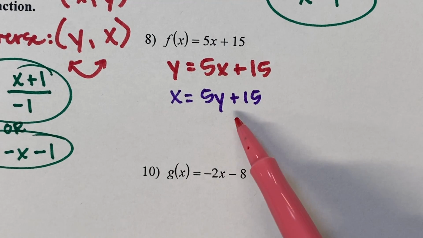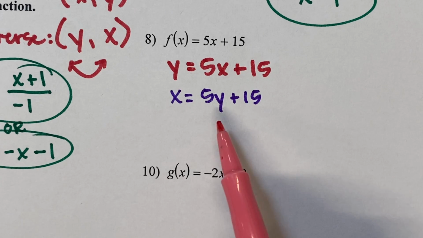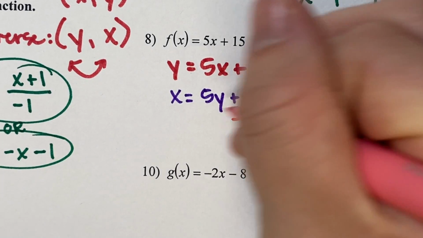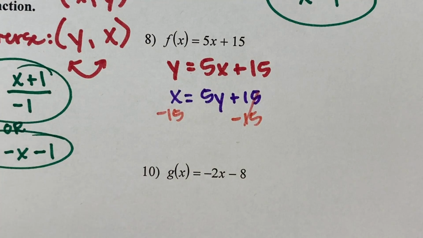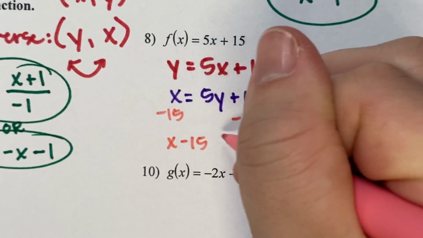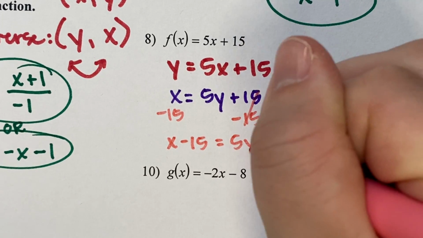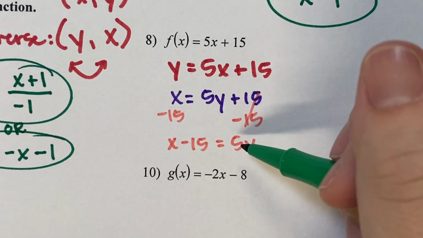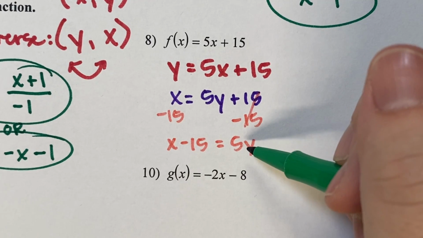Okay, so first thing I have to do is get rid of plus 15, which we are going to subtract 15. Okay, we can't combine those two, so we literally just write it as x minus 15, and it equals 5y. Okay, so now I have times by 5 that I need to get rid of.